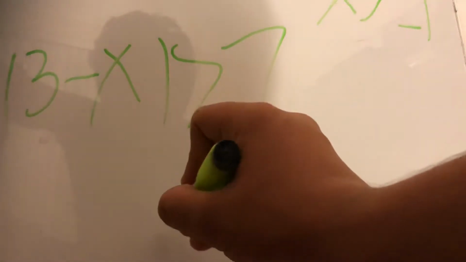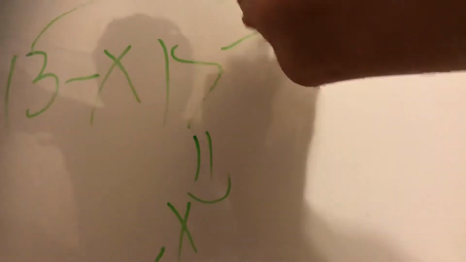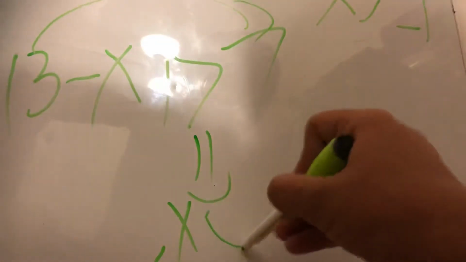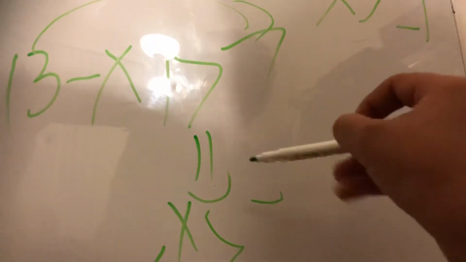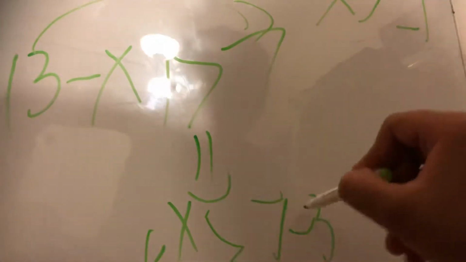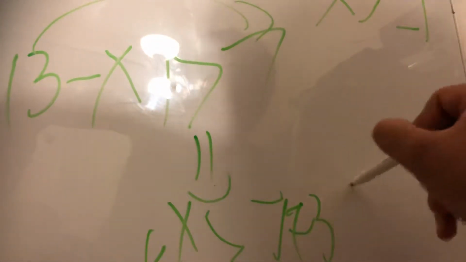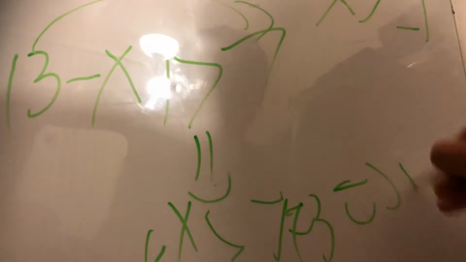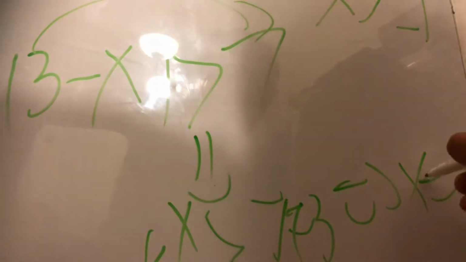We're gonna say -x. I'm gonna move this here. It's gonna be smaller than 7 minus 3. But because this one has a negative, we're gonna move this negative here and it's gonna be positive. It's gonna be x is bigger than 10.